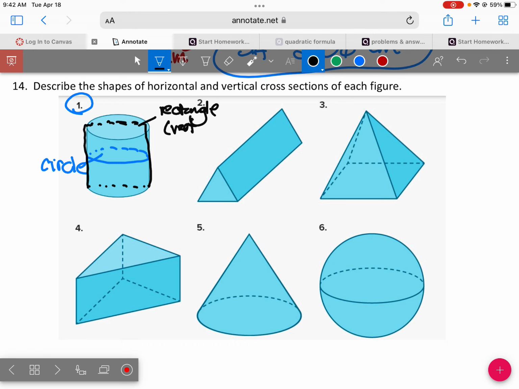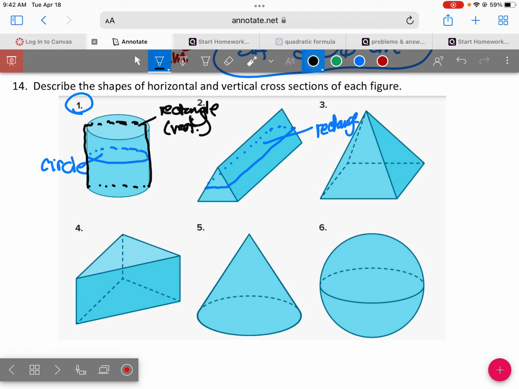That's the vertical. Okay. What if I make a horizontal cut here? Where? On this one? A rectangle. That is correct. It is going to be a rectangle this way because it's going to go right through that.